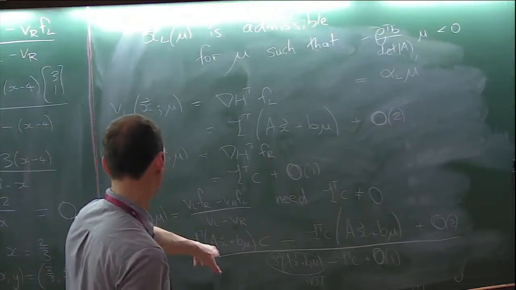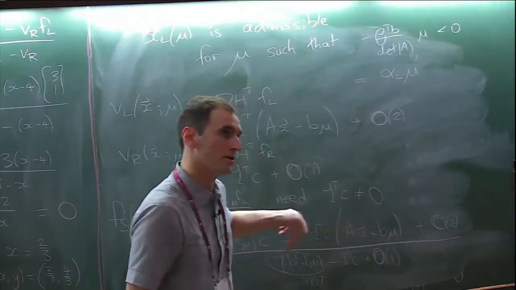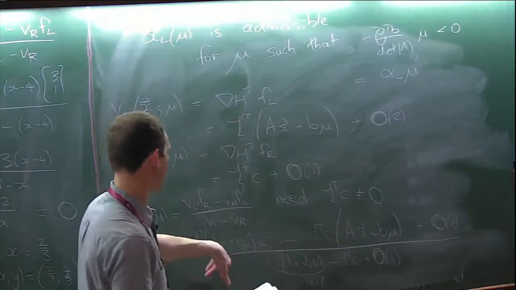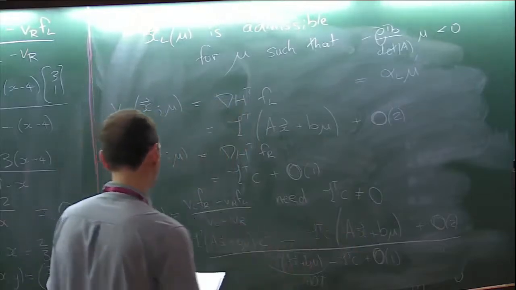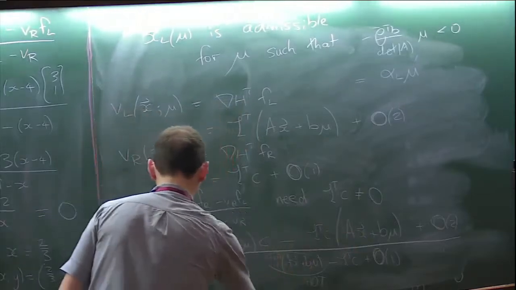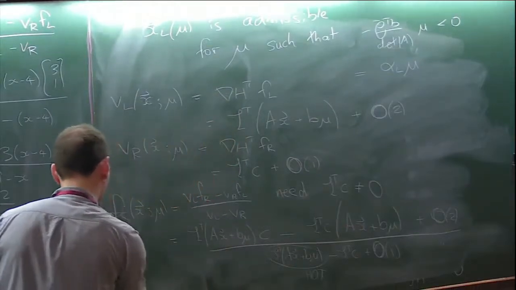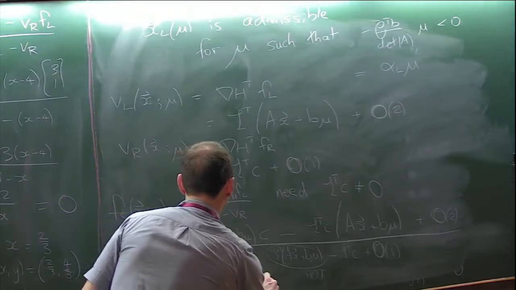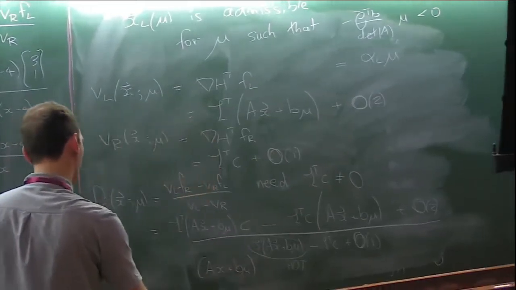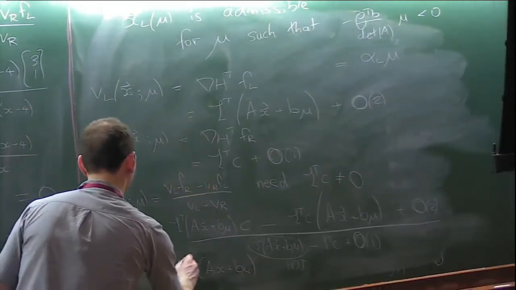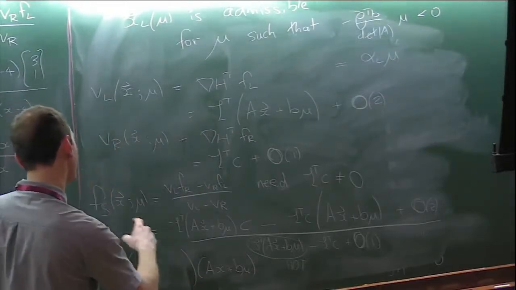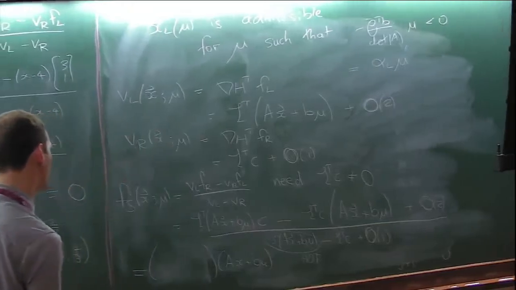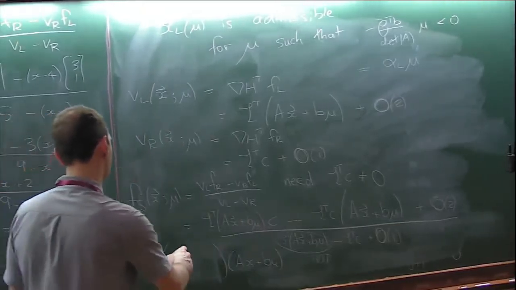I can simplify a little bit. On the top, both terms have an AX plus B mu, so I can factor out the AX plus B mu, and have some stuff that I'm factoring out.